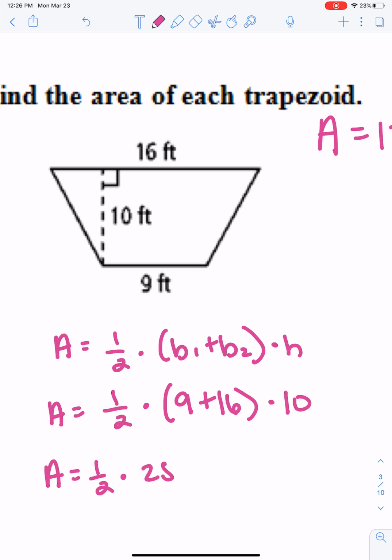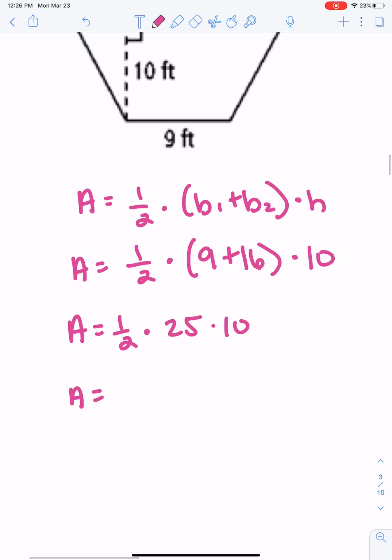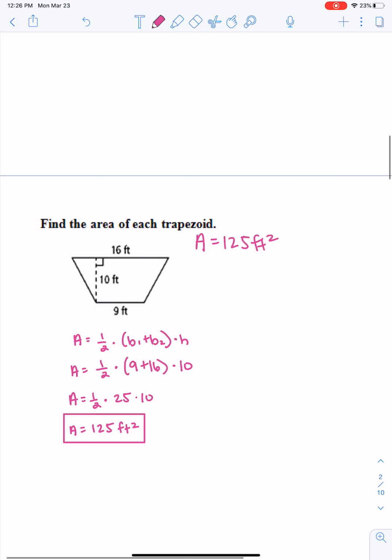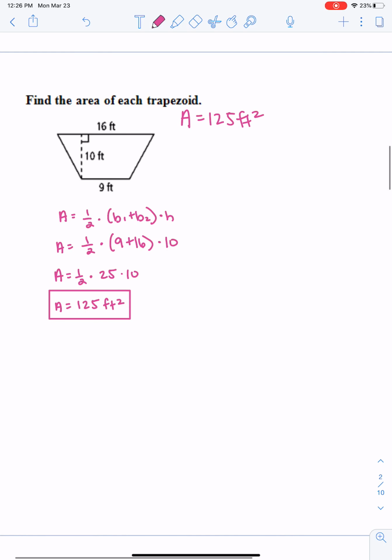Don't forget to do your parentheses first. And if you type that all in, you will get 125, and the unit would be feet squared. And let's check and make sure we got that right. We did indeed. I got a couple wrong last time I recorded this video, so I'm re-recording without my mistakes in here, just so you didn't have to listen to as long of a video.